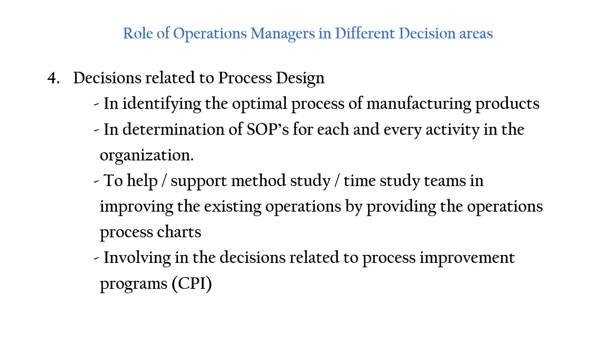So SOPs are made with the help of the operations manager, because in each and every department there will be a different set of operations or activities in a particular sequence, and all these activities or operations have to be carried out in the laid sequence in order to achieve the organizational objectives.